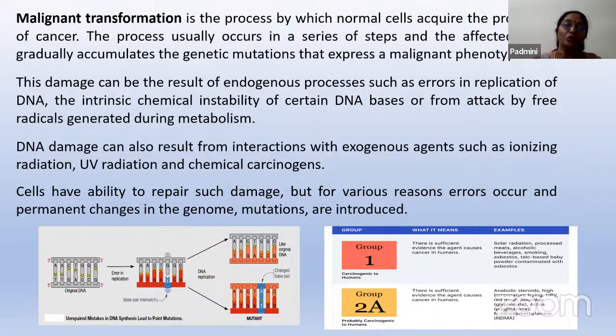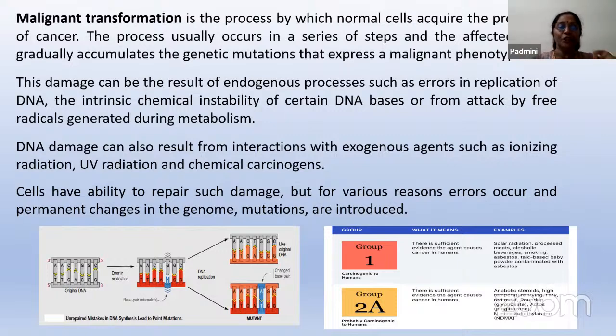Those preservatives also have carcinogens. So try to minimize the usage of coloring agents and ready-made food items, which you just bring, heat, and eat. These also create carcinogens. So UV radiations and chemical carcinogens are two important exogenous agents.